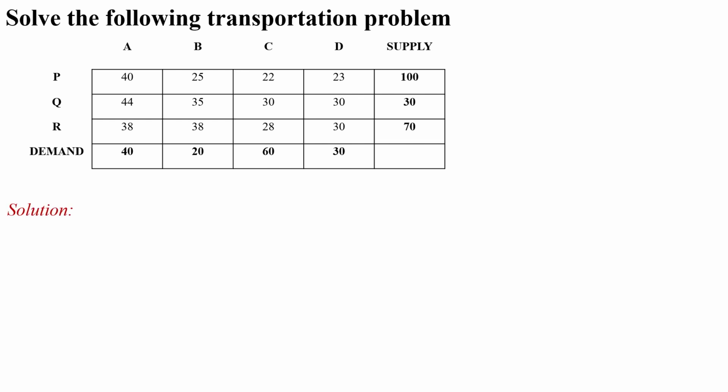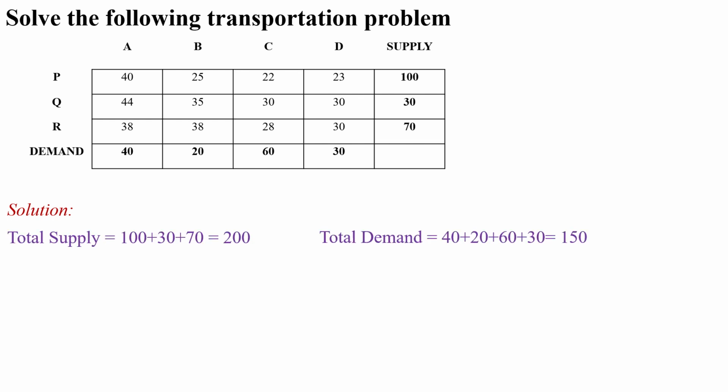Let's see the solution. First, check whether the given transportation problem is balanced or unbalanced. For this, check the total supply and total demand. Here total supply is 100 plus 30 plus 70 equal to 200, and total demand equals 40 plus 20 plus 60 plus 30 equal to 150.